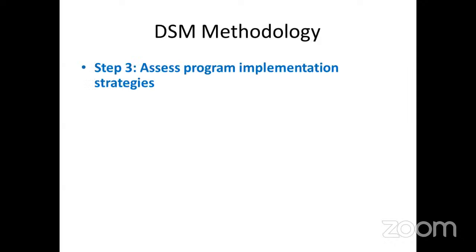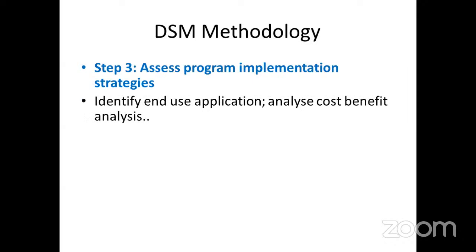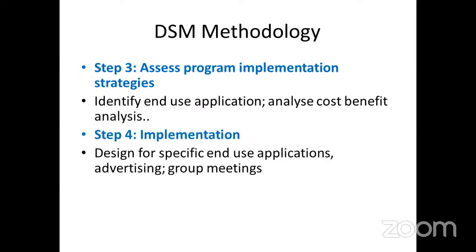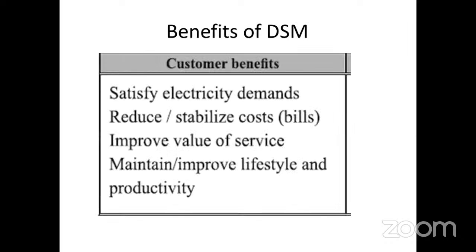We saw 2 points. Third point is assess the program implementation strategies, identify the use of application, analyze cost benefit analysis, etc. Step 4, implementation. Implementation will include meetings and all, advertising, design for specific end use. Step 5 is monitoring and evaluation. That's all. Benefits of DSM. DSM means demand side management.